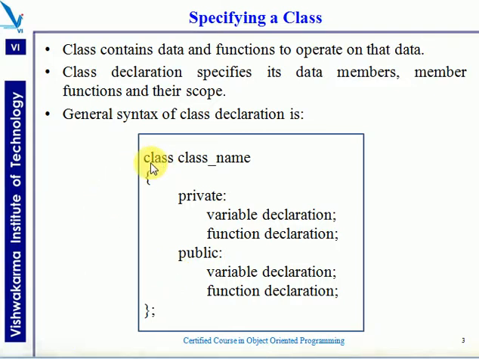So class is a keyword. The class declaration is enclosed with curly braces and terminated by a semicolon. The data members and the member functions are divided into two sections, that is private section and the public section.